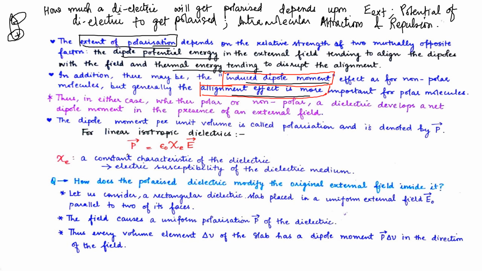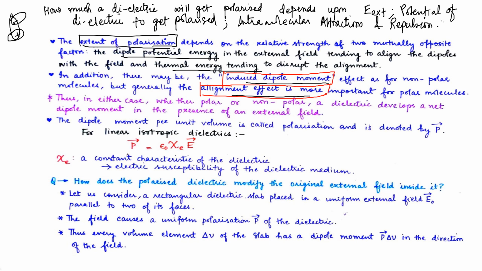They already have a dipole moment, but what they do not have is discipline. They are not aligned and well oriented. So we align them by providing the external field, and we get a net dipole moment and a polarized dielectric.